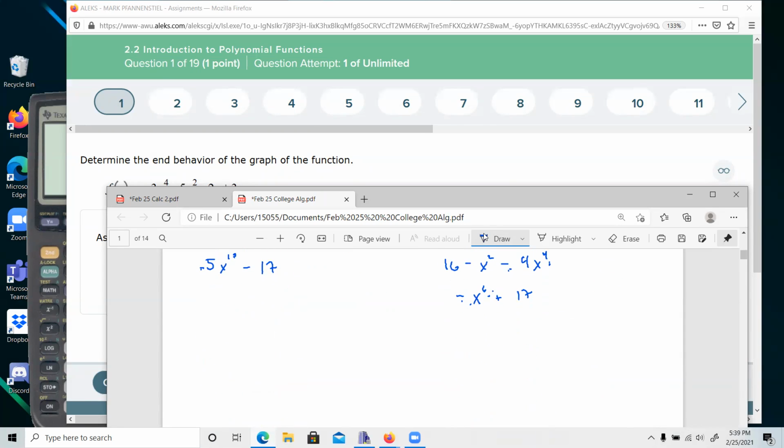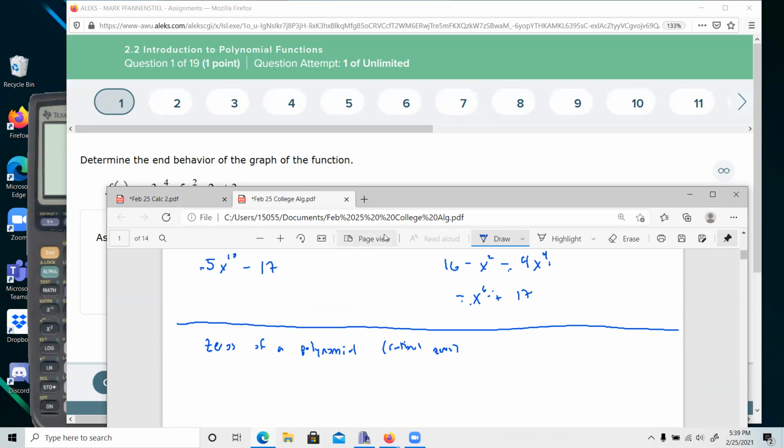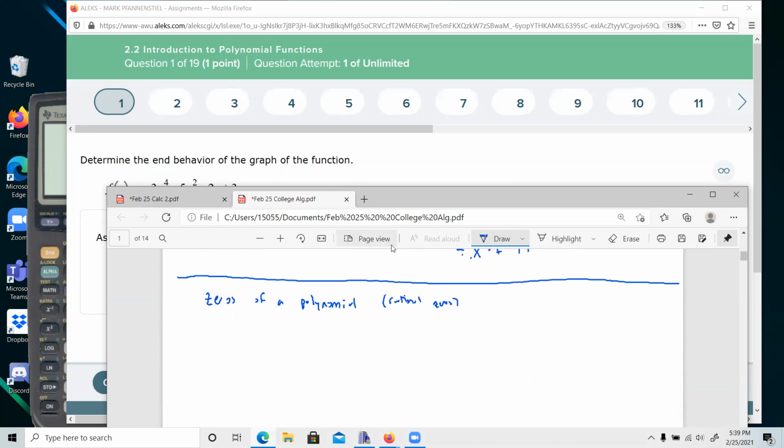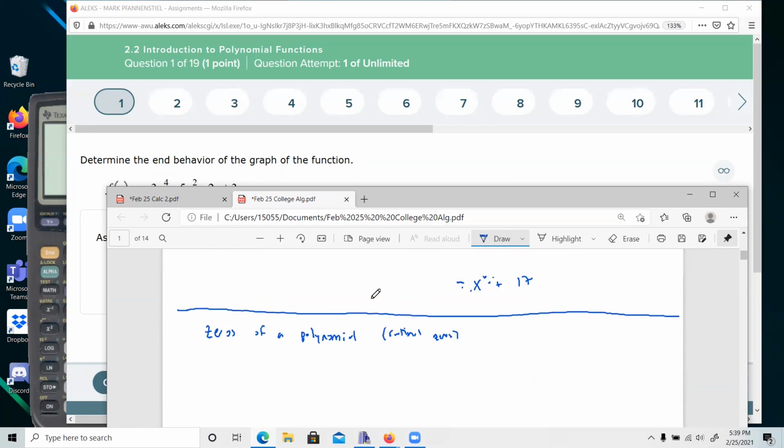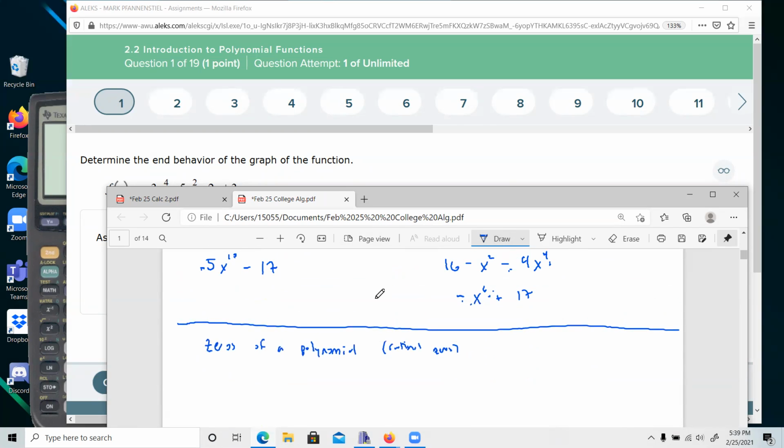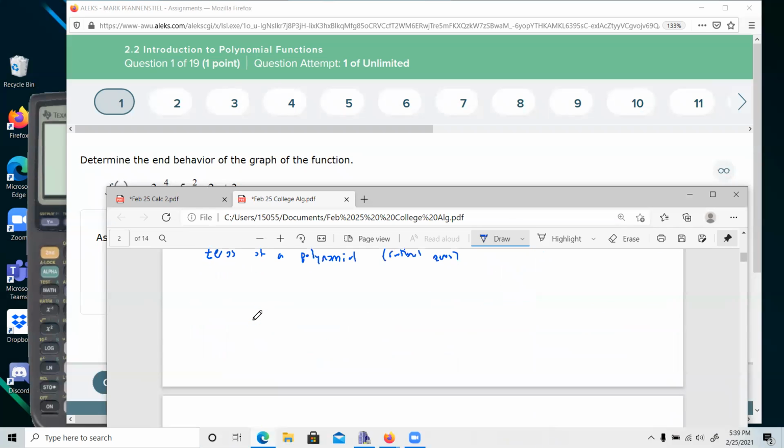All right. Next thing we get to worry about is the zeros of a polynomial. And usually we mean rational zeros, but we'll get to that. Often if they want you to solve for the zeros, it will either be something you could factor, or they're going to give it to you in factored form, right?